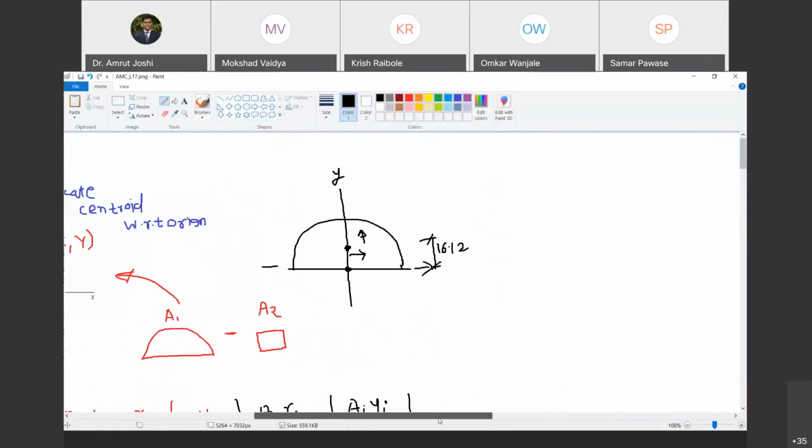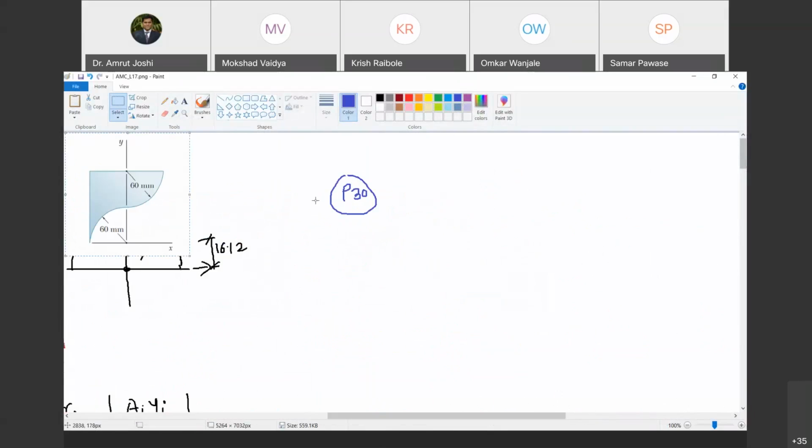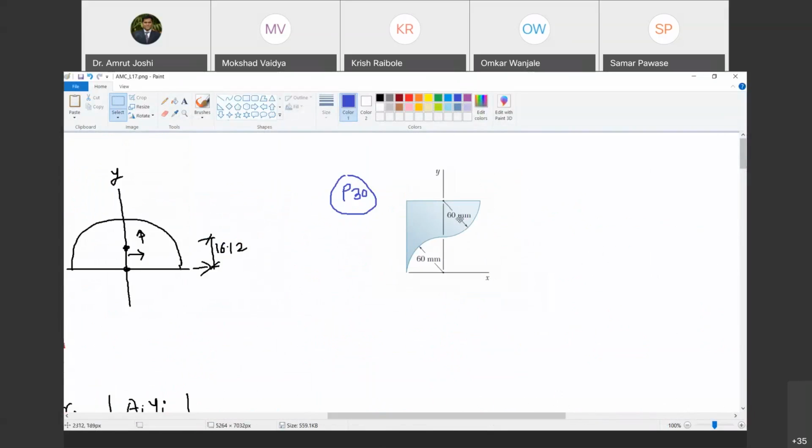So this will now be problem number 30. Are you with me? Yes, sir. Again, you need to locate the centroid with reference to the origin. So the statement remains the same.